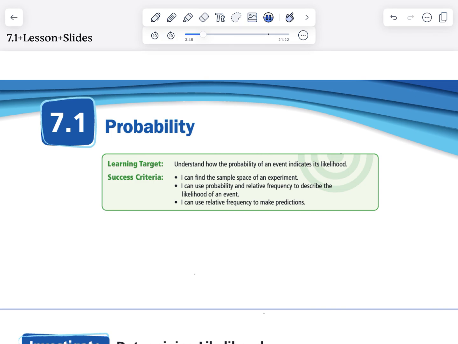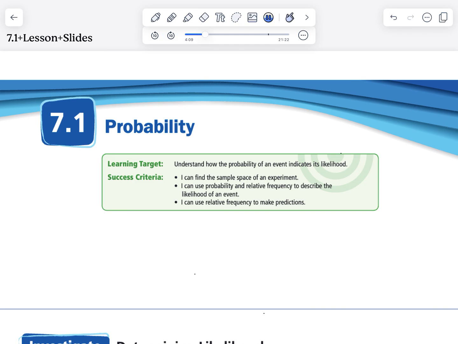All right, example number 1. You spin a spinner and find the sample space. How many possible outcomes are there? So if we're looking at example number 2, identify outcomes. You spin a spinner. Find the sample space. How many possible outcomes are there?